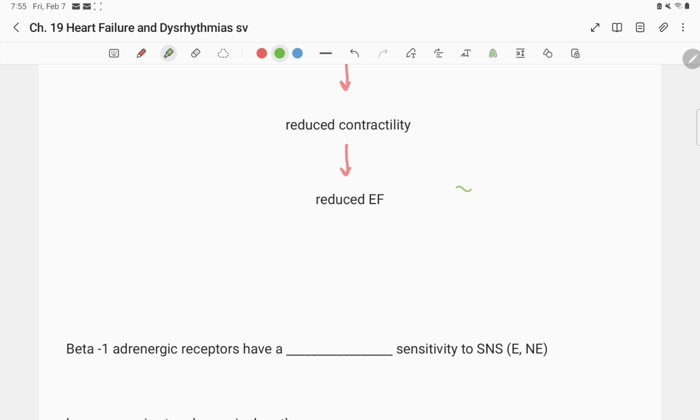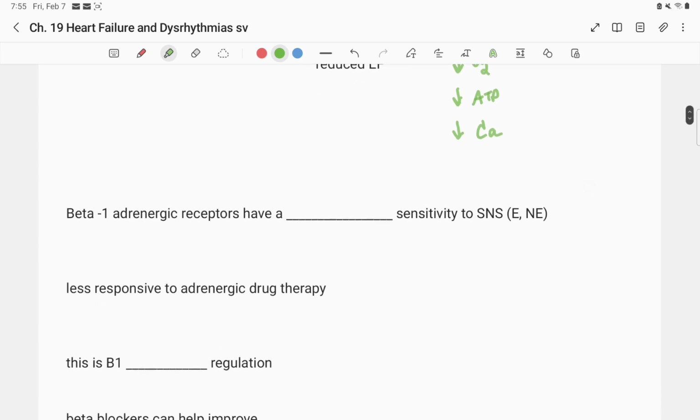Okay, so the loss of oxygen and the loss of ATP and decreased calcium contribute to this reduced ejection fraction.